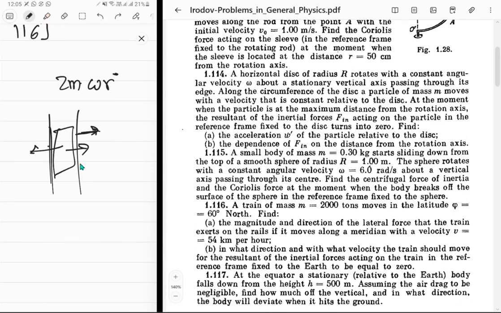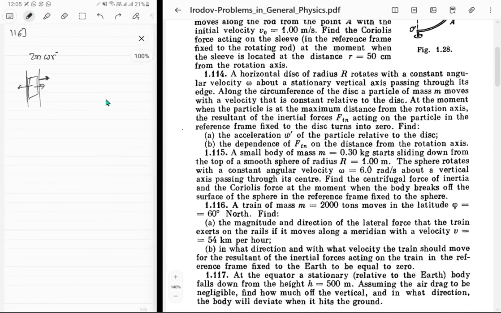Okay, so what's r dot? Small r is just capital R cosine phi, I think. This is capital R, and this is small r, and this is rotating about the axis at omega naught.